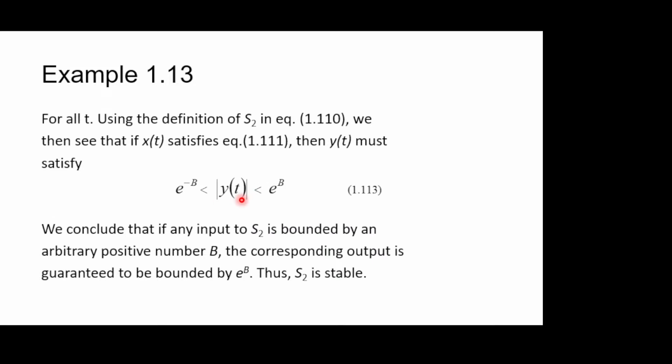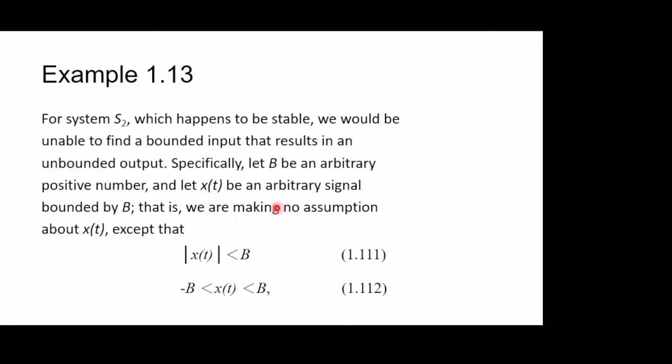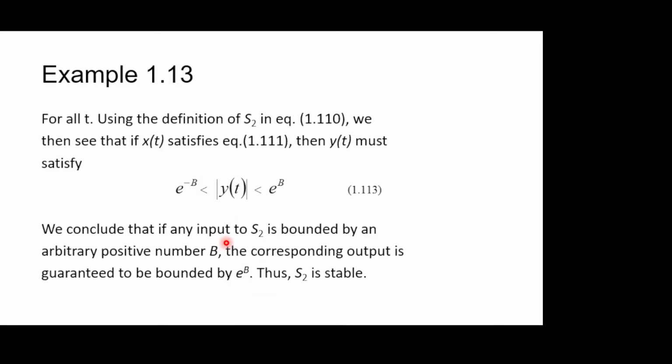Exponential is a monotone function, so we can just put those bounds into the exponential, and we see that y(t) is between exponential of minus B and exponential of B. Exponential of B can be very large, but it's a finite number.